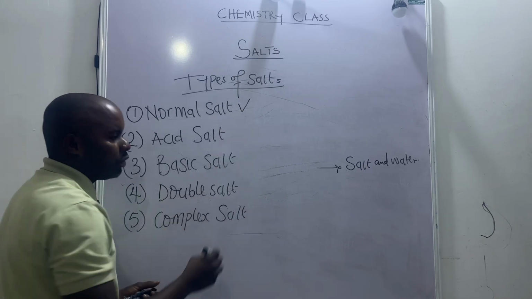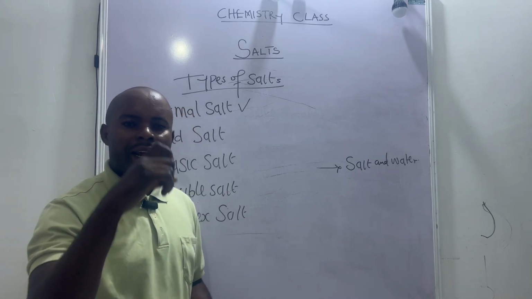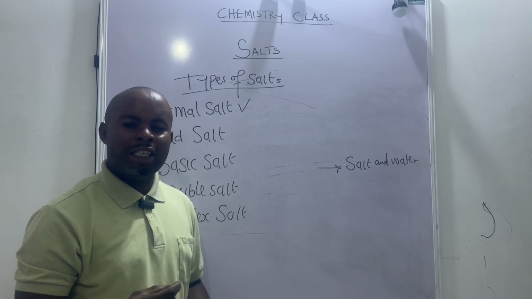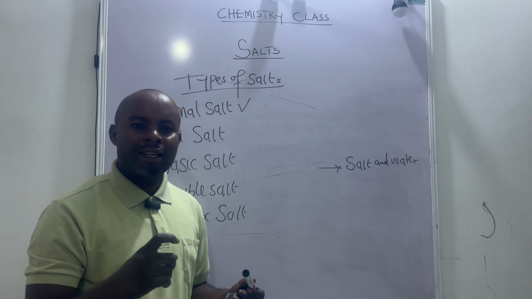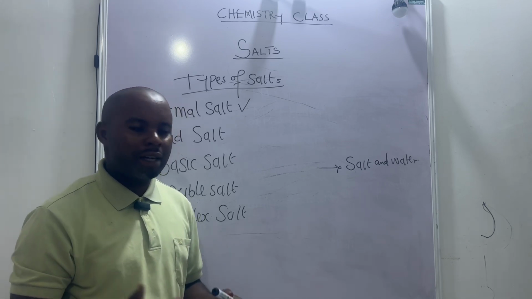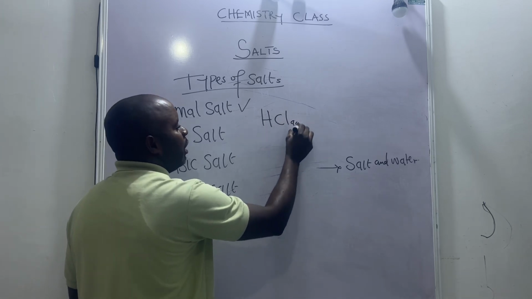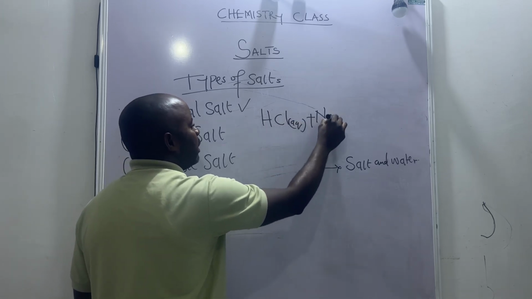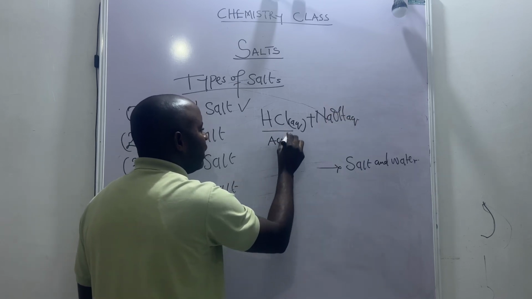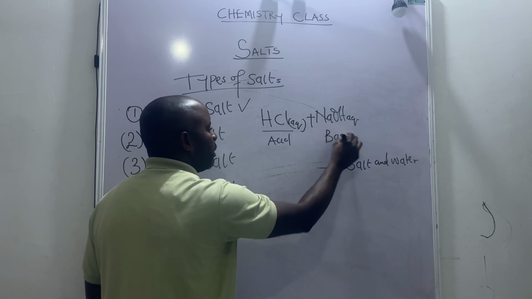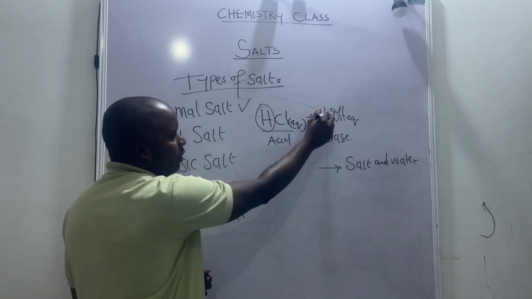So what are normal salts? We defined salt before as compounds that are formed when the ionizable hydrogen ion of an acid is replaced by a metal. In normal salt, the replaceable hydrogen ion in an acid is completely replaced by a metal. A very good example: let's use a monobasic acid reacting with sodium hydroxide. This is an acid, this is a base, and this is the replaceable hydrogen ion in an acid. We have a metal known as sodium.